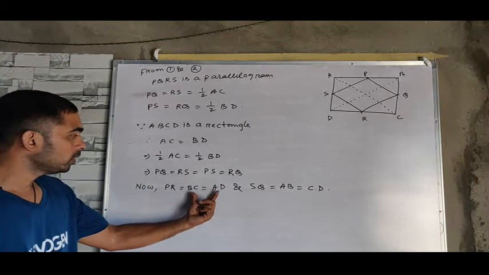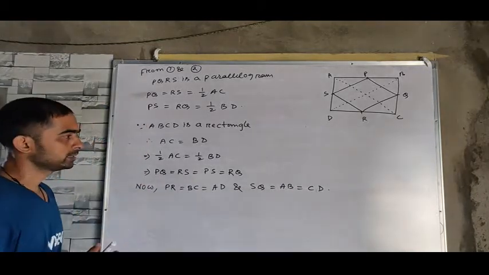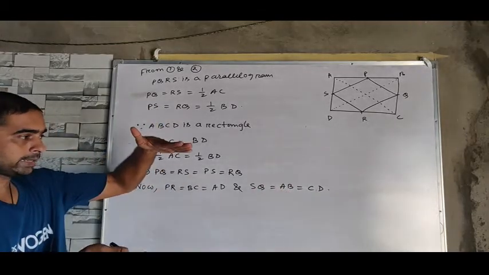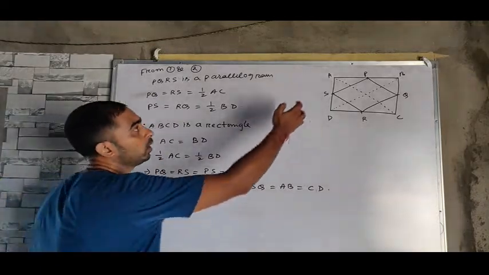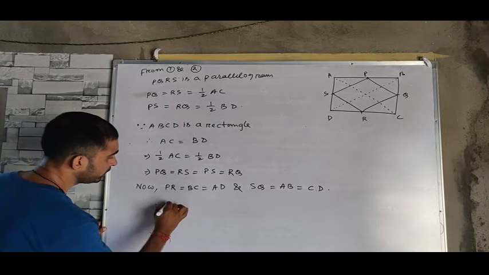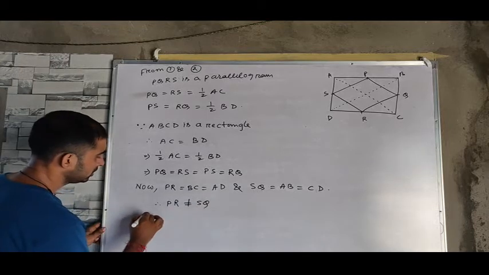These are the opposite sides of the rectangle. BC equals AD and AB equals CD, but these two are not equal to these two, because in a rectangle only opposite sides are equal, not all four sides. Therefore, PR is not equal to SQ.